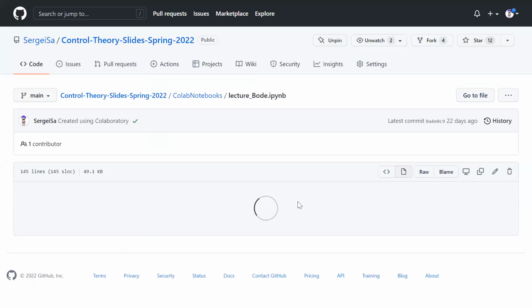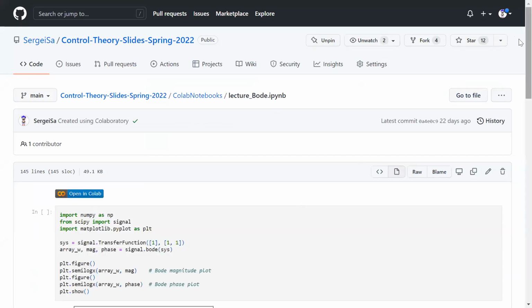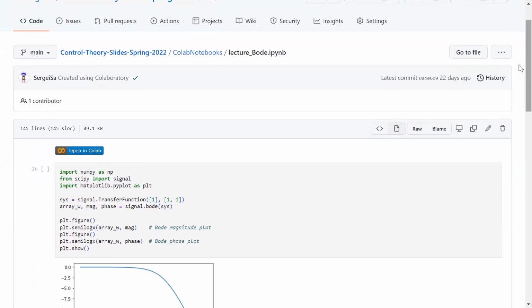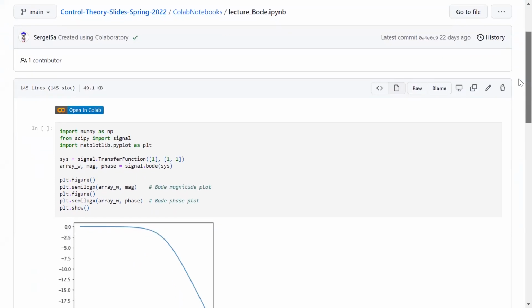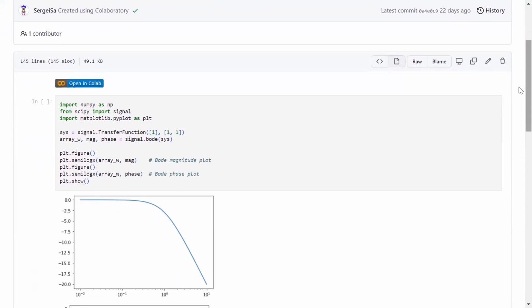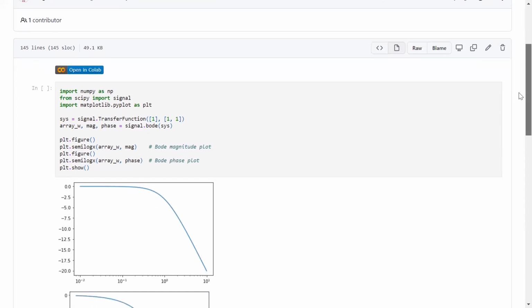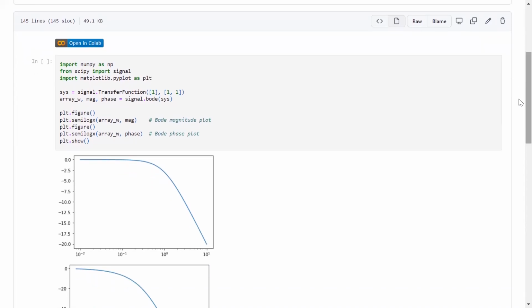All right, so the lecture will be in the GitHub today, and this is already on GitHub, so you can check it out already. So anyway, this is how you can do Bode. You'll practice during the practice session. Basically, you create a transfer function and you call Bode like this. It's extremely easy, and it gives you horizontal line, that is frequencies, magnitude, and phase.